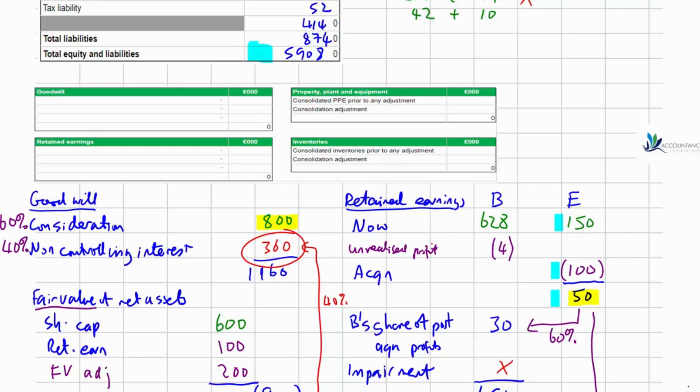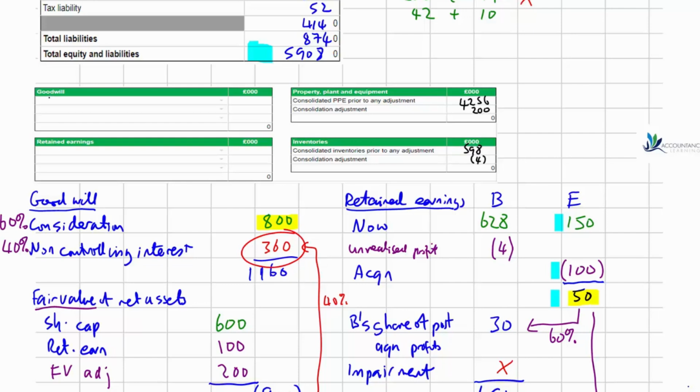So if we look on the right hand side for our property, plant and equipment, we had the figures for the parent and the subsidiary, which was the 4256, but we added on the consolidation adjustment of 200, didn't we? For the inventories, we had the 598 for the parent and subsidiary, and then we deducted 4, didn't we, for the unrealized profit.